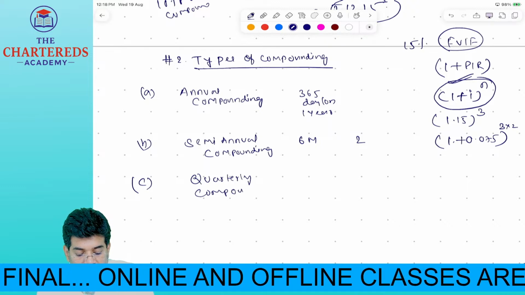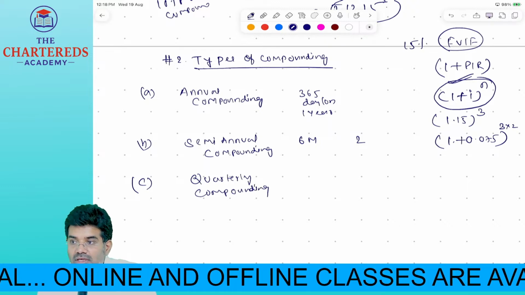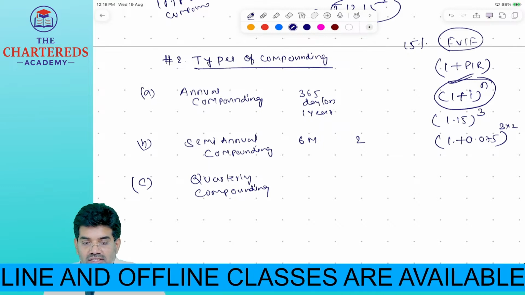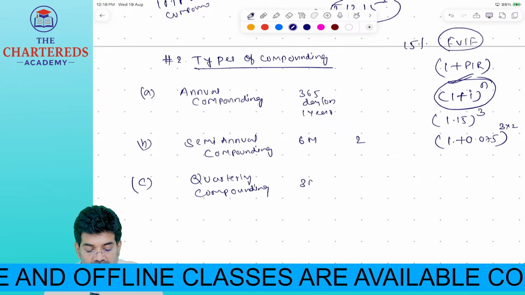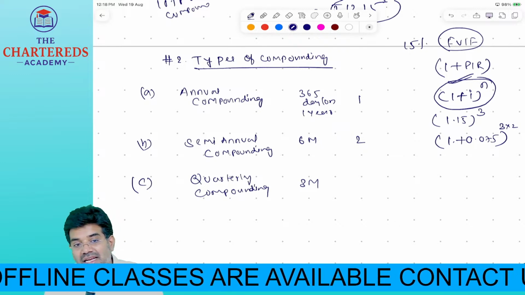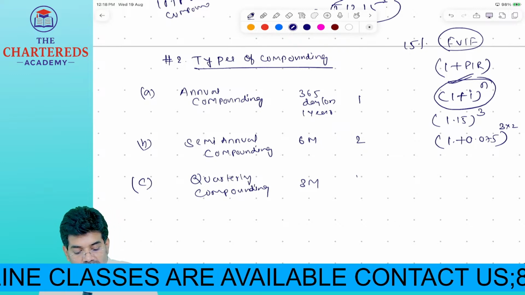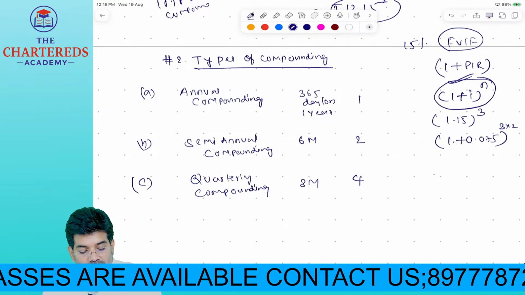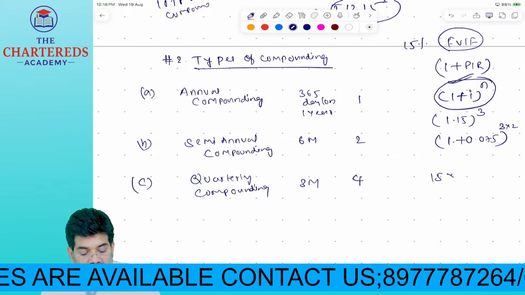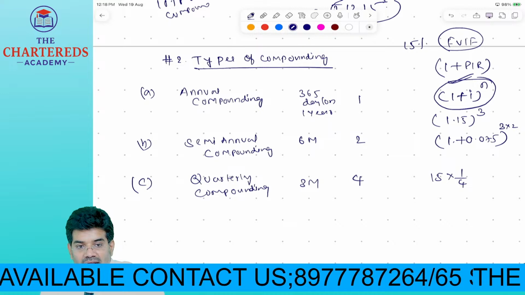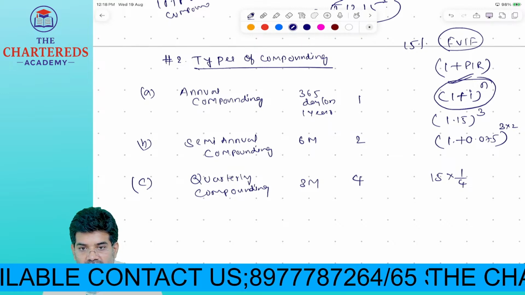Okay, next. If it is quarterly compounding అయితే periodicity, for how many months you will get interest? Every 3 months you will get interest. Okay, in a year how many times you will get interest? 4 times. Okay, and now your annual interest is 15 into 1/4 I can write, or I can take 3 divided by 12 also I can take, or not? Yes.